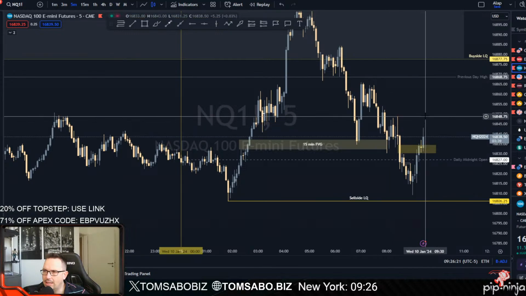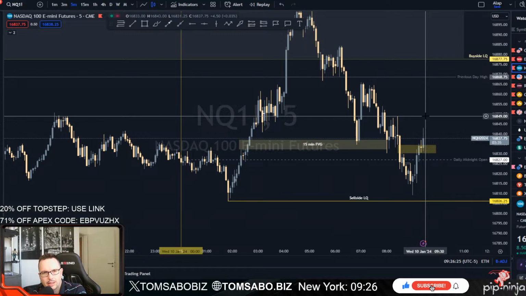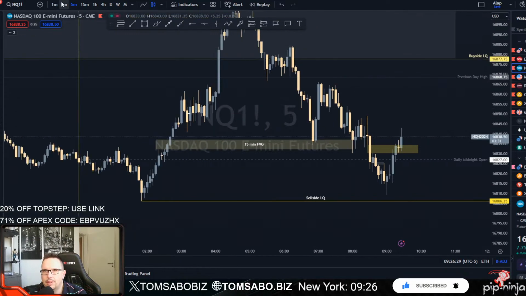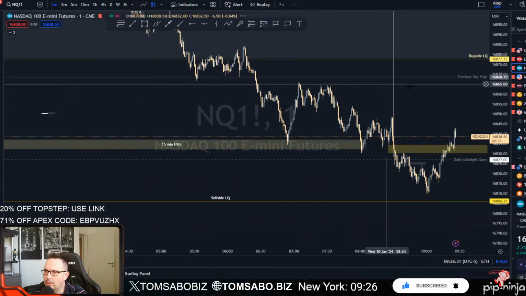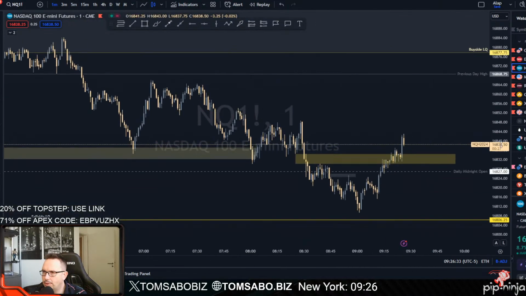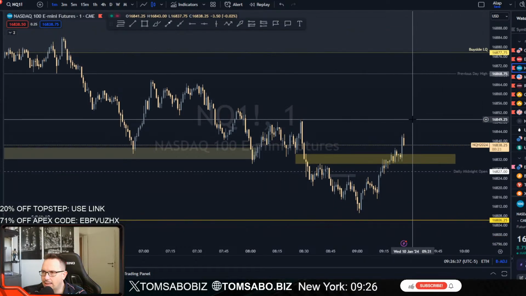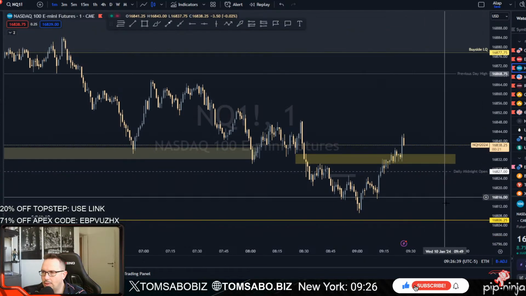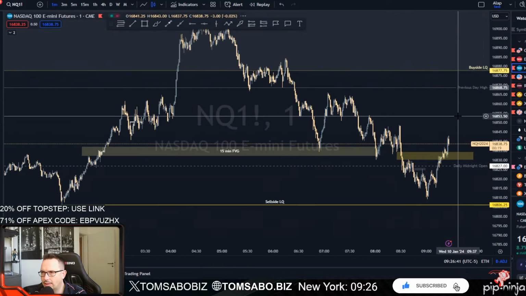It could be taking that after open, so we have to take that into account, but I think it's going to take that if I look at the 1 minute chart here. So it can take that, but we have to see what's going to happen after that.